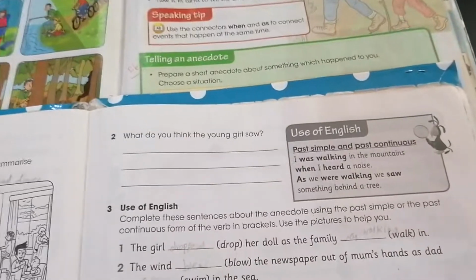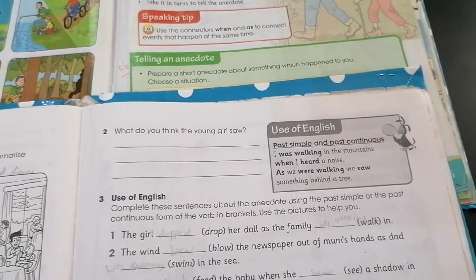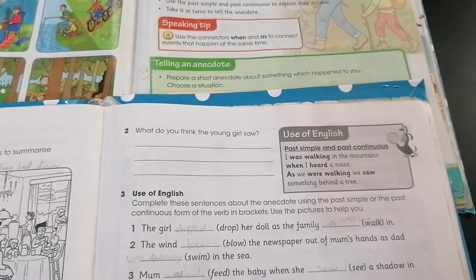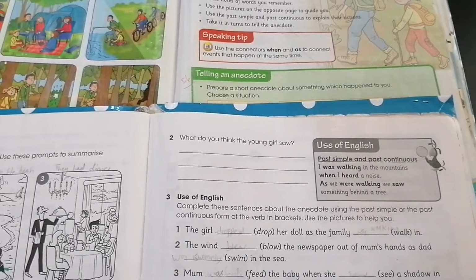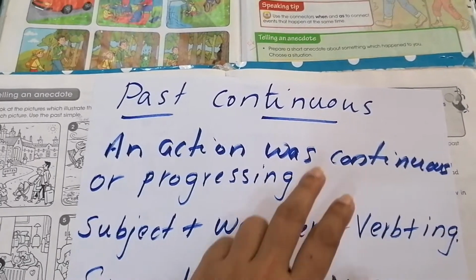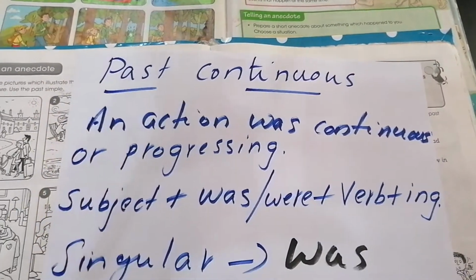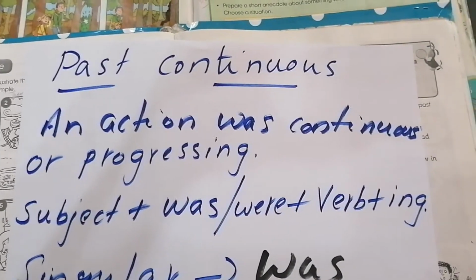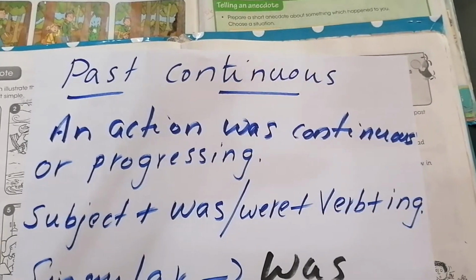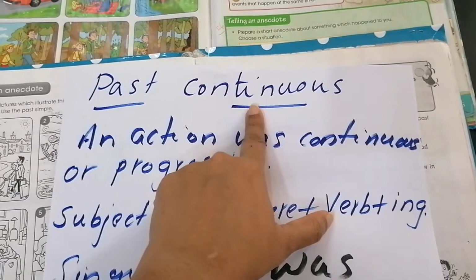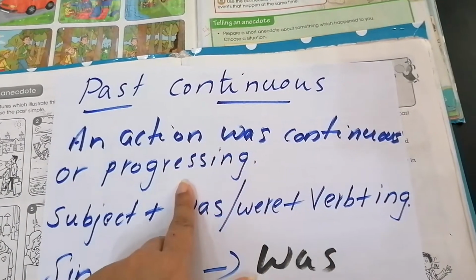The next one is past continuous. From the name itself, it is clear that past continuous means an action that was continuous or progressing. It was going on at that time. Continuous means ongoing.